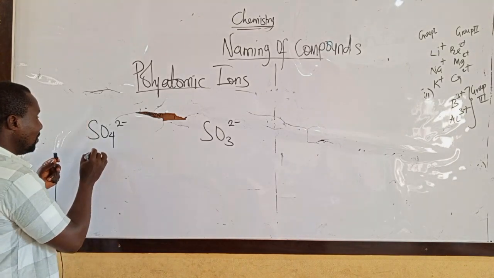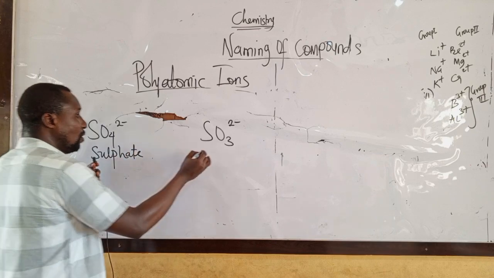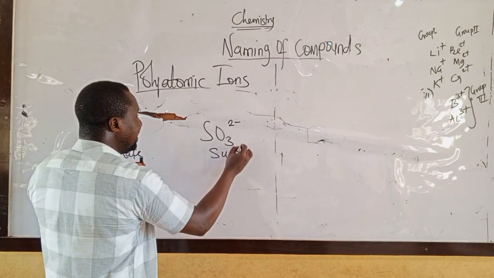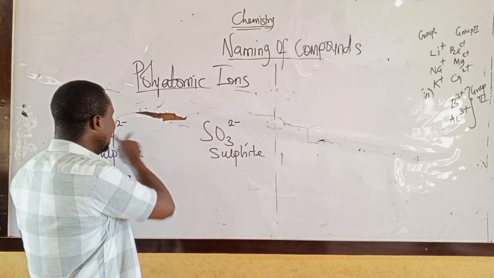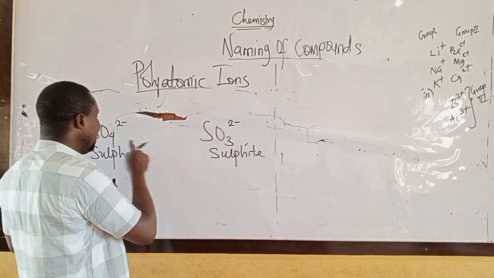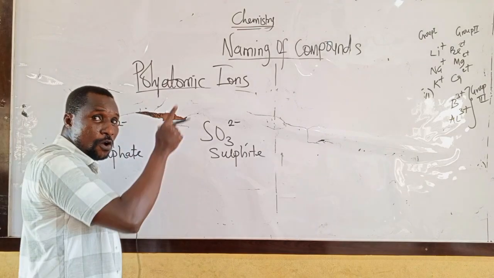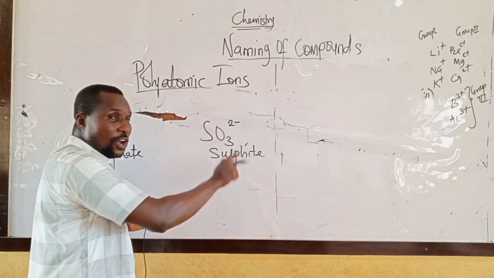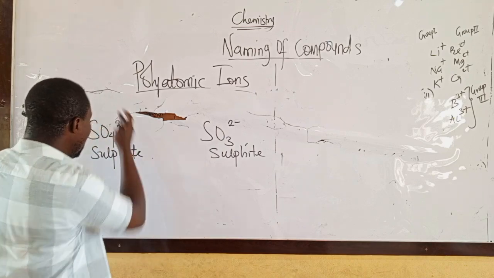This one is sulfate. This one is sulfite. Can you see? It's one oxygen less than this, ITE. More oxygen will be ATE. The one that has one oxygen more is ATE. The one that has one oxygen less is ITE.